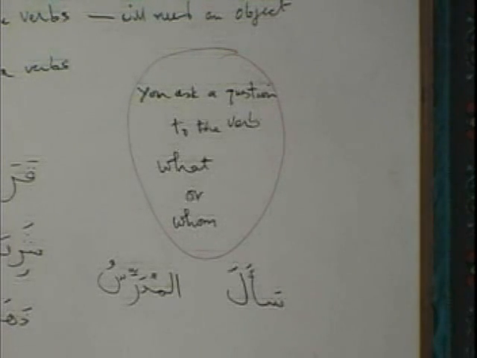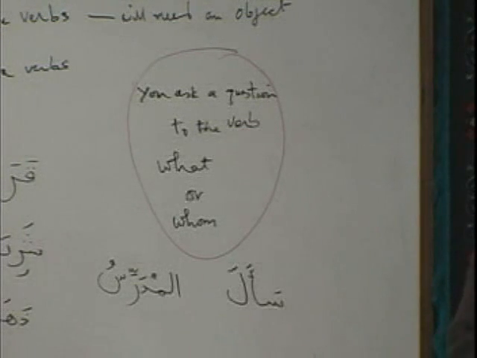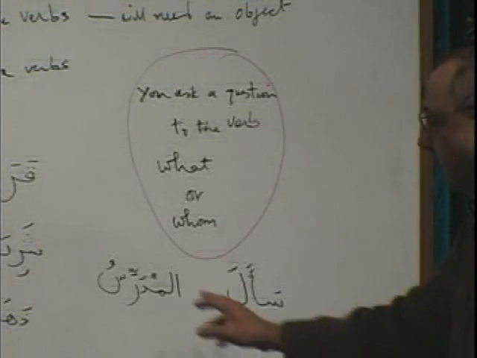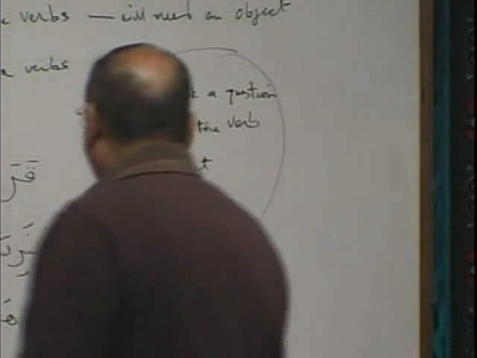Asked whom? Or asked what? Then definitely the teacher is going to ask some individual. He's not going to ask a chair or a table, but some individual. So Sa'ala al-mudarrisu, and if I say it was Hamid who was asked, what will you say? Sa'ala al-mudarrisu Hamidan. Are you with me? I will write down here, Hamidan.